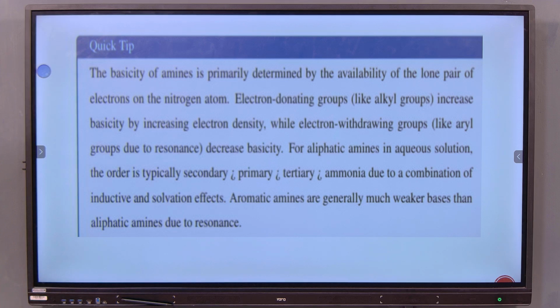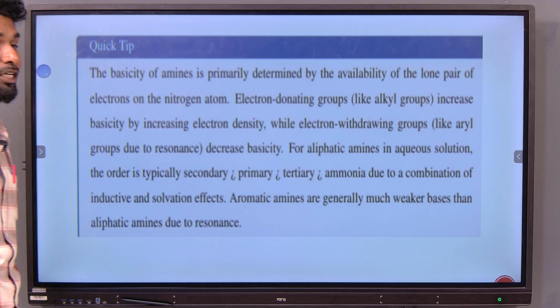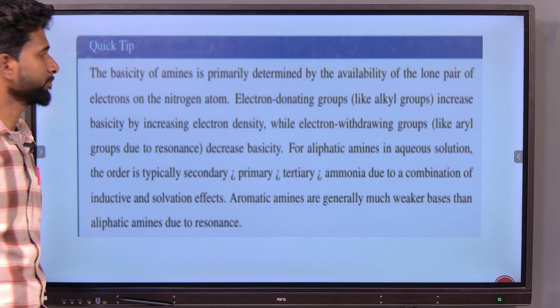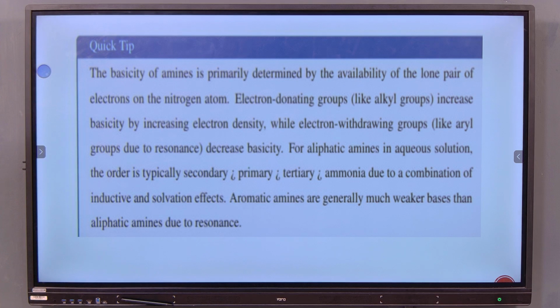Electron donating groups, like alkyl groups with a plus I effect, increase the basicity by increasing electron density.